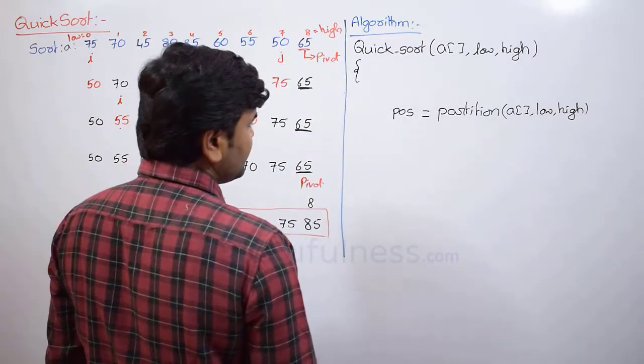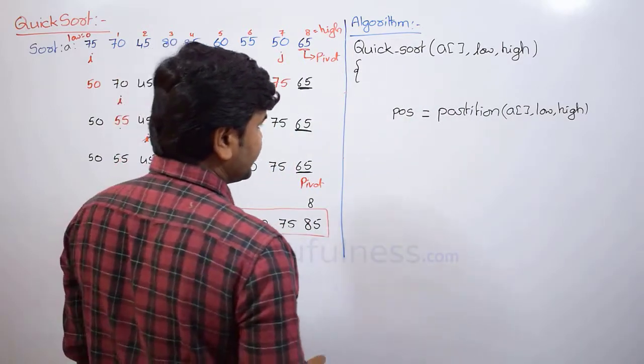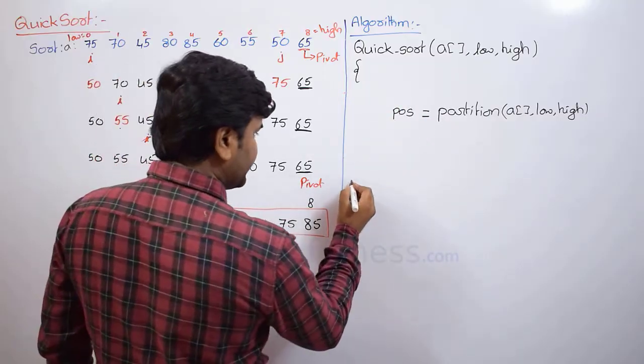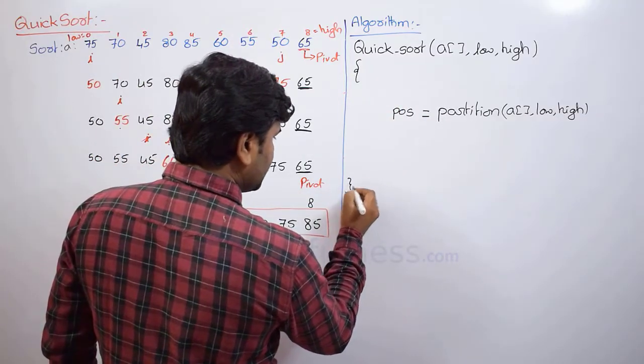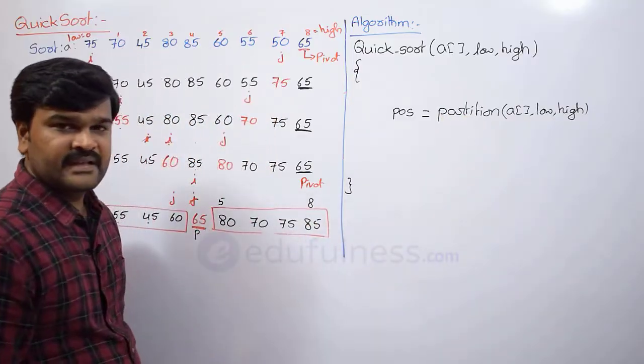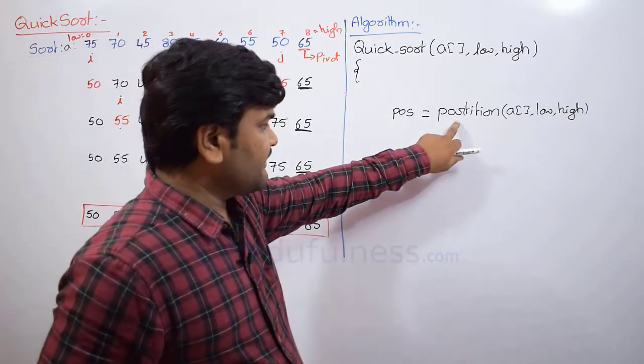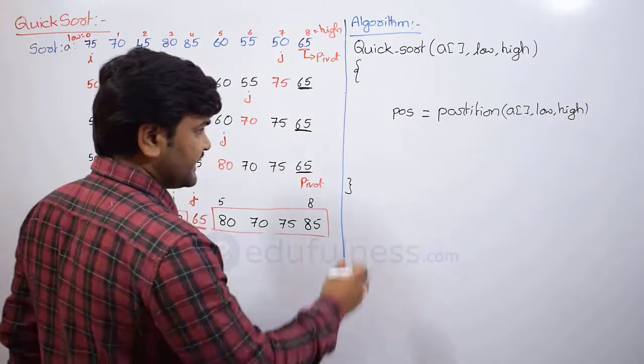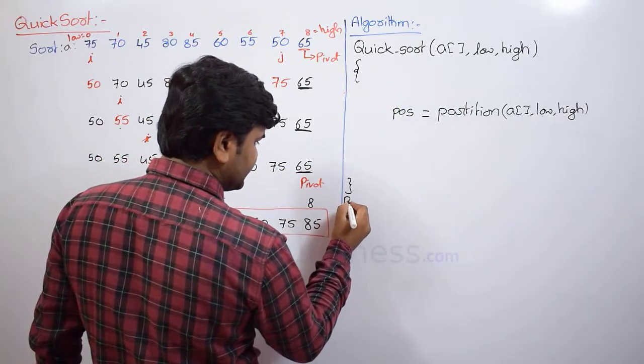Okay. For the time being, let it be this function. We are directly moving to the partition function. After writing the partition function, let us come back to this remaining portion.